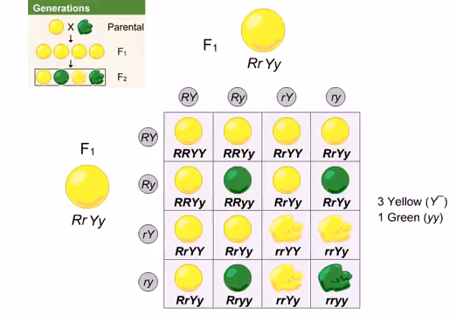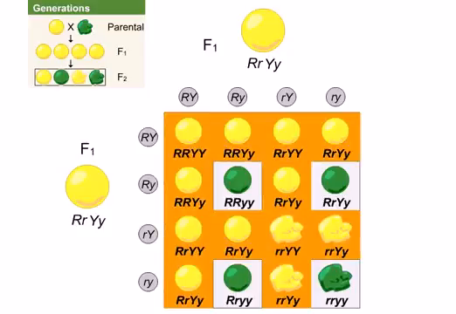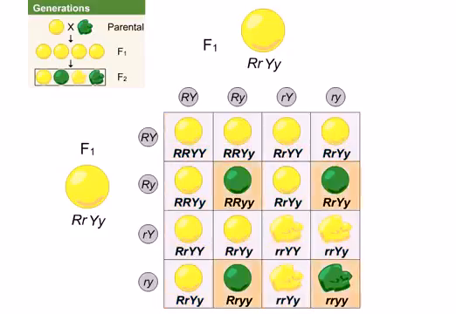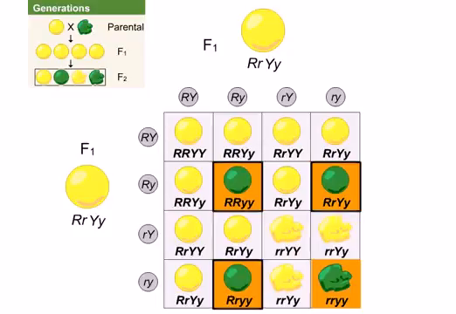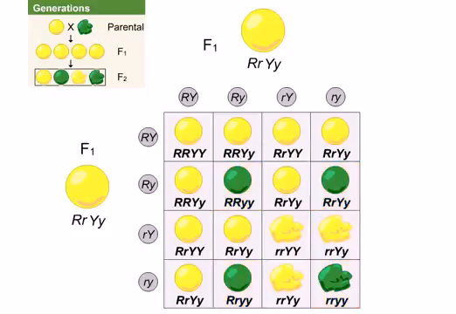In the group of yellow peas, there are 9 round peas and 3 wrinkled peas, making a ratio of 3 round peas for every wrinkled pea. And in the group of green peas, there are 3 round peas and 1 wrinkled pea, again making a ratio of 3 round peas for every wrinkled pea. Regardless of the color phenotype, the texture ratios will always be 3:1. Similarly, regardless of the texture genotype, the color ratios will always be 3:1. These results are typical for traits that assort independently.